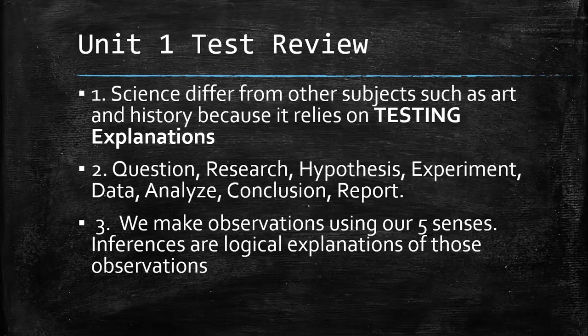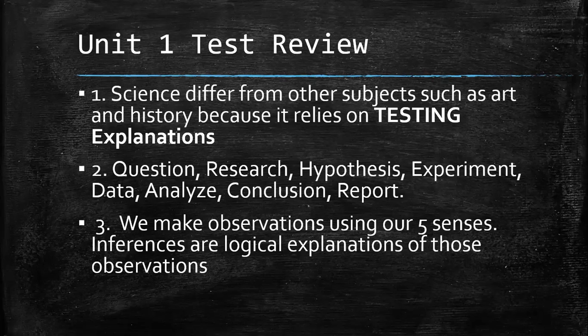Then you test that with an experiment, and during the experiment, you collect data, and that data can be either qualitative or quantitative. Then you analyze that data, and from that analysis, you draw conclusions, and then you report your findings. You can report those findings to other scientists in journals or in reports.